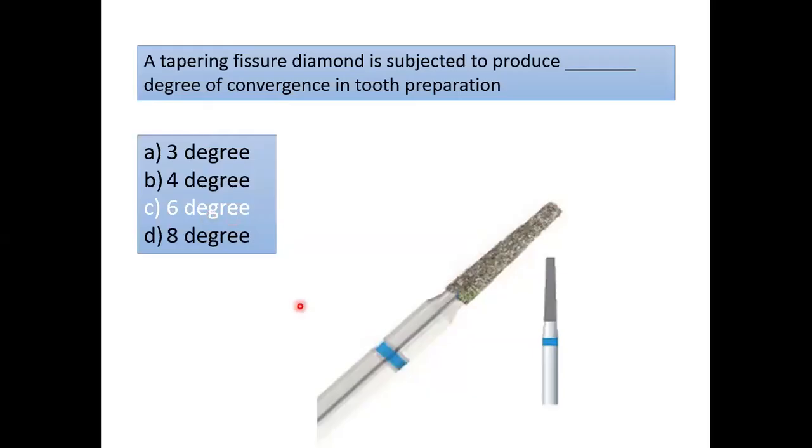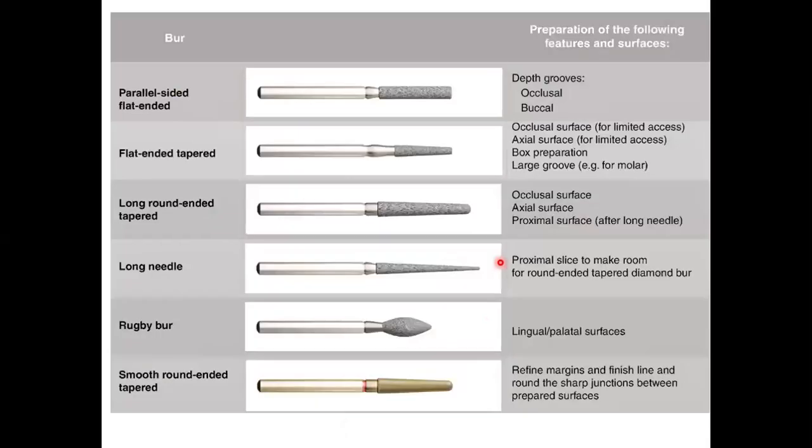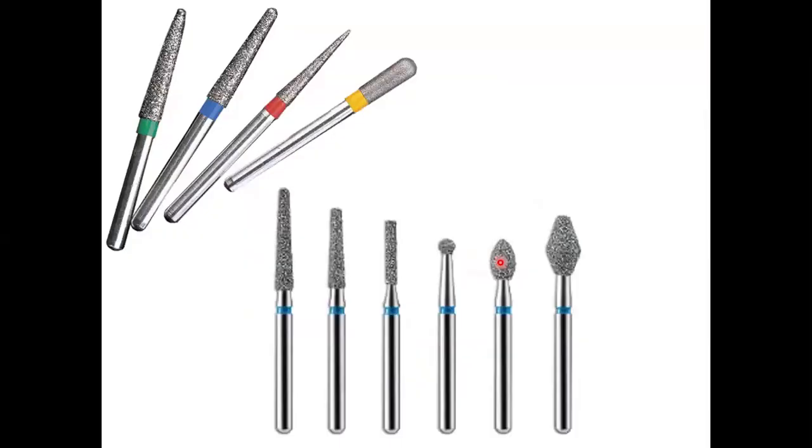When you speak about diamond points, not burrs, you have different shaped diamond points. First, for color coding of your diamond points, you have green, blue, red, and yellow. Starting from green, green is the most coarse, this is medium coarse, this is less coarse, this is fine.